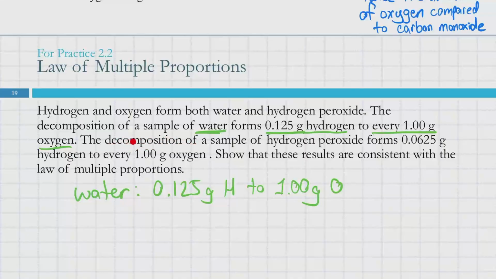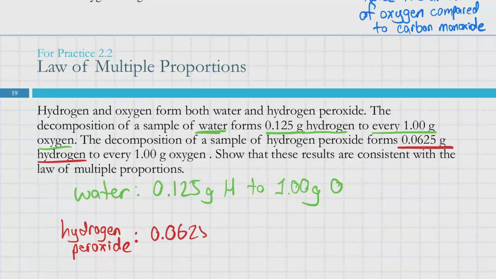The decomposition of a sample of hydrogen peroxide forms 0.0625 grams of hydrogen to every 1 gram of oxygen. So hydrogen peroxide, our ratio is 0.0625 grams hydrogen also to 1 gram of oxygen.